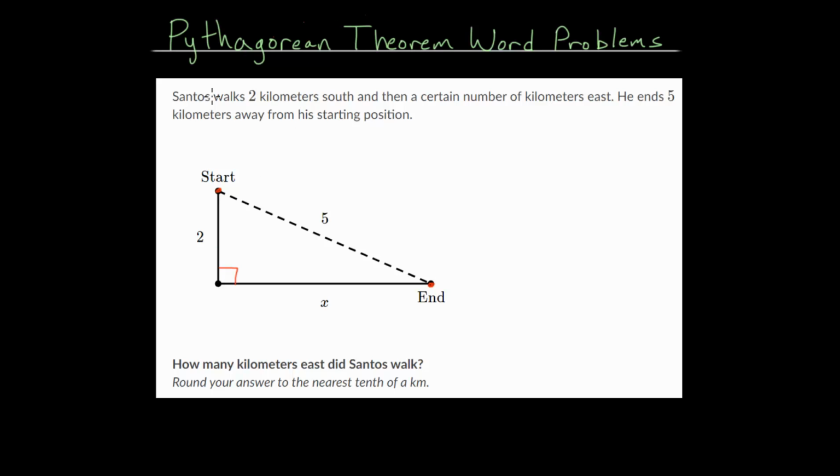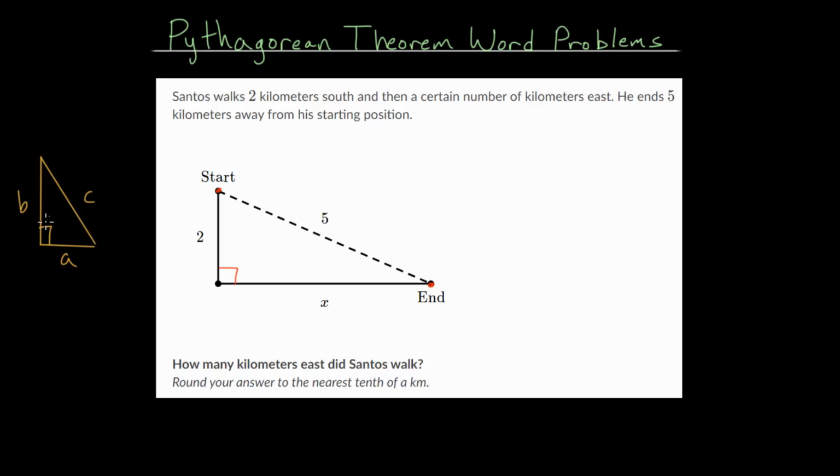And the Pythagorean theorem relates the sides in a right triangle. So let me draw a quick sketch of that. So let's say we have some right triangle and we know the side lengths. We can call these A, B, and C, and this is a right triangle.